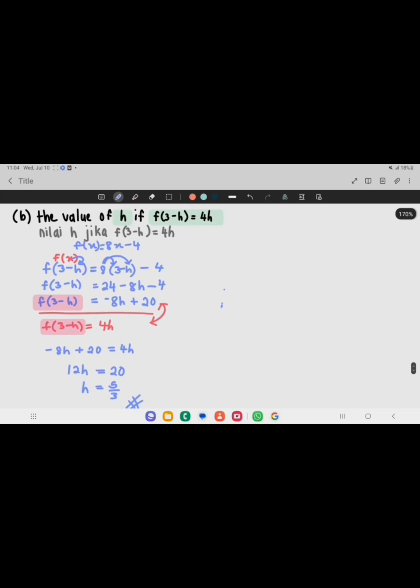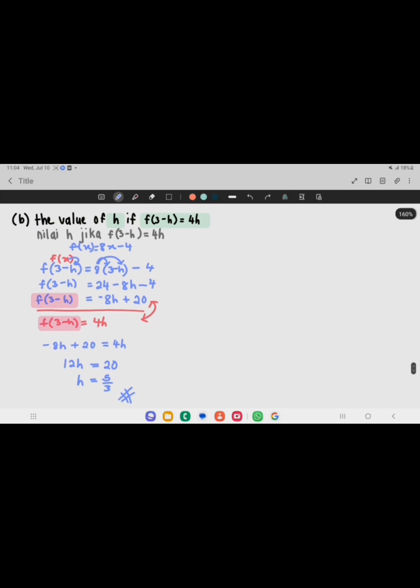Also, based on what I noticed, in maths they actually love to ask you questions like this where you have to compare. So how to know whether you must compare or not? Whenever they give you something like this, and then suddenly they ask you to find something like H or G or K, any alphabet, and you can find the F, here the F3 minus H is given.